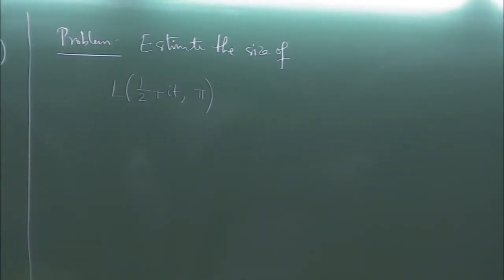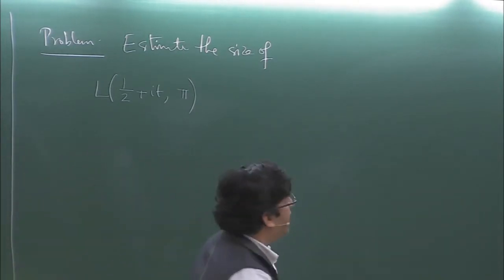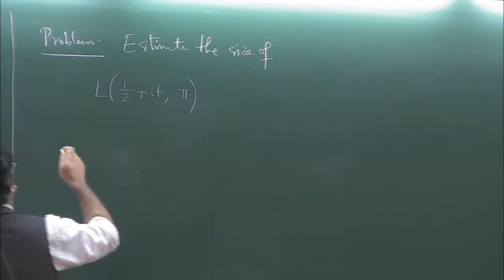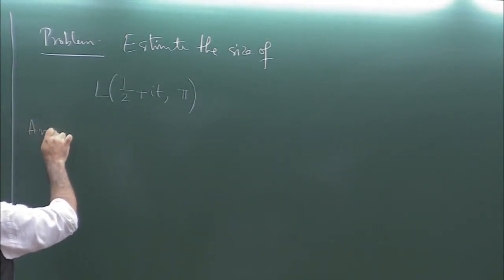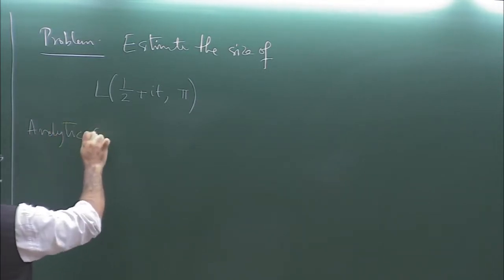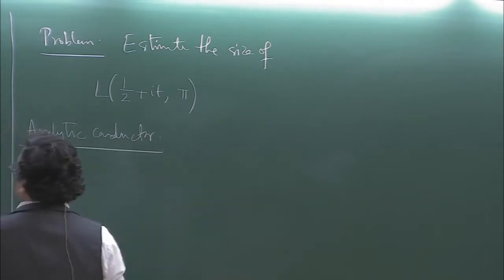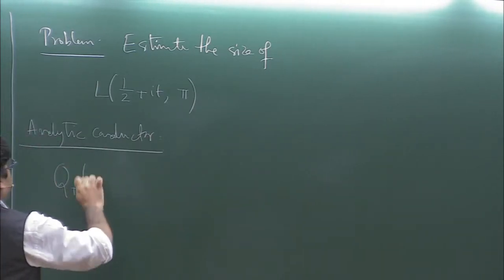For this, I'm trying to write down bounds, so we have to define the scale. The scale is called the analytic conductor, denoted by q_pi(t).